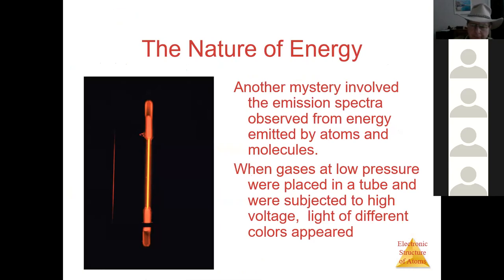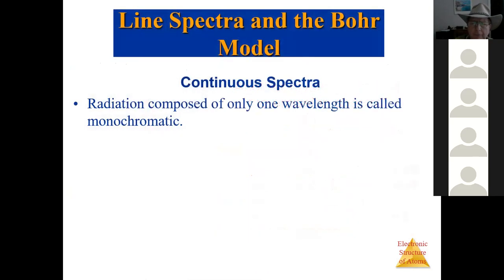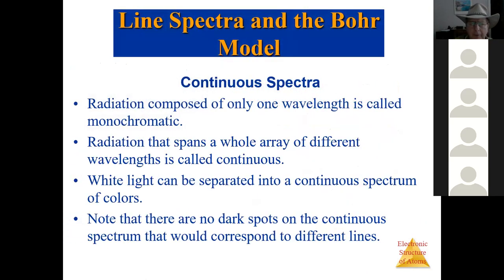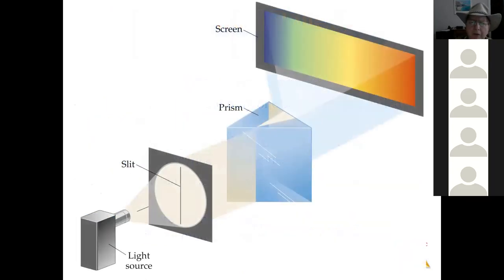Wave theory would predict that you would get a rainbow out there. But we're not. We're getting simple line spectra.